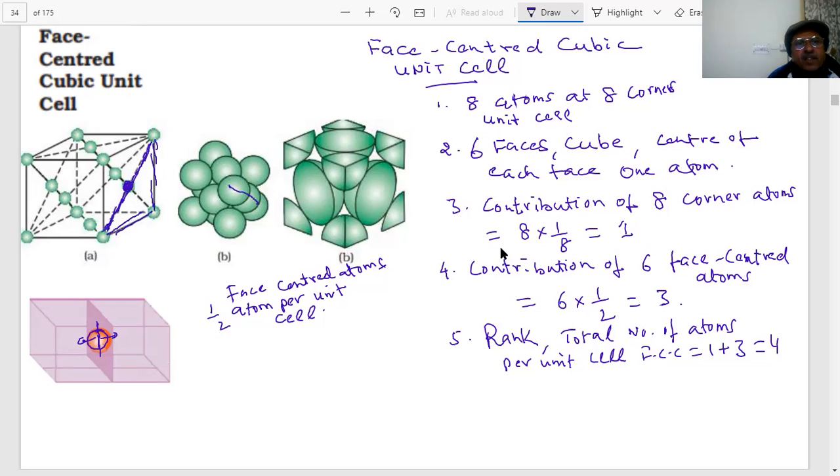Here they are touching. So three types of the cells which we have told you, student: simple, body-centered and face-centered. Any doubt here?